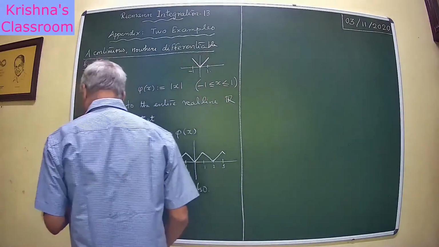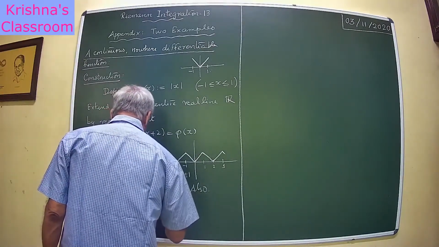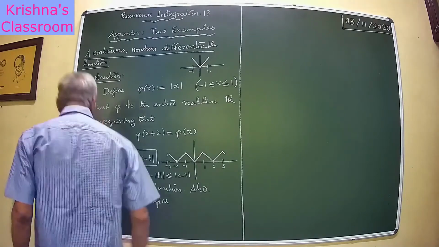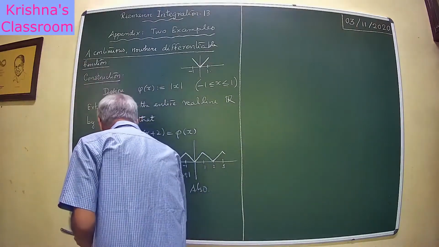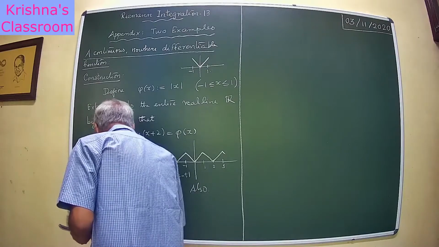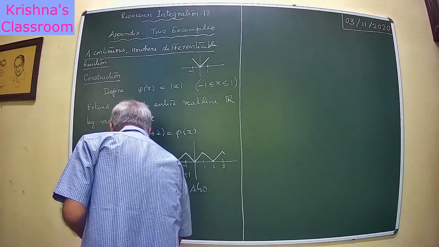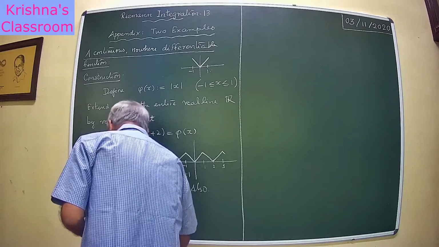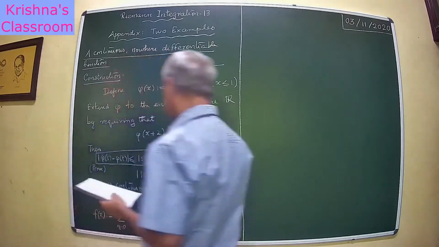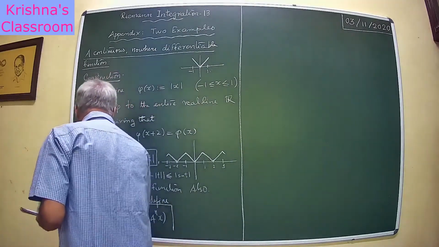So now define f of x using this phi. This is equal to sigma, it's an infinite series, 3 by 4 whole to the power n phi of 4 to the power n x.